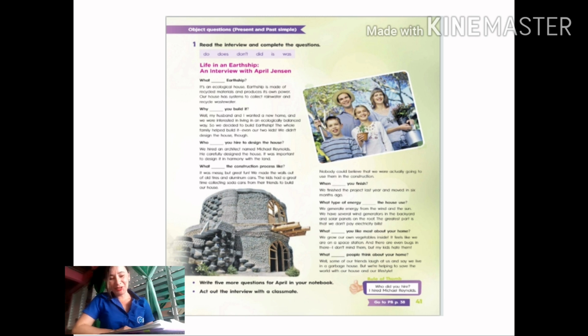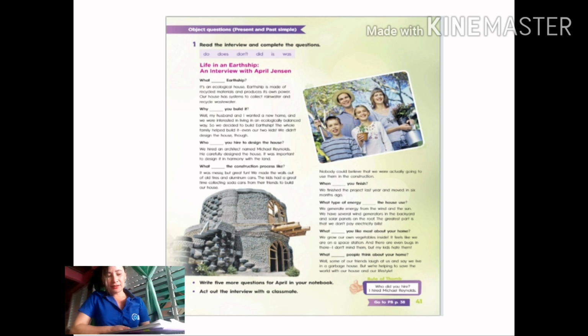The next question: we finished the project last year and moved in 6 months ago. The correct word is did. And if you read the whole question, you are going to say, when did you finish? When did you finish?